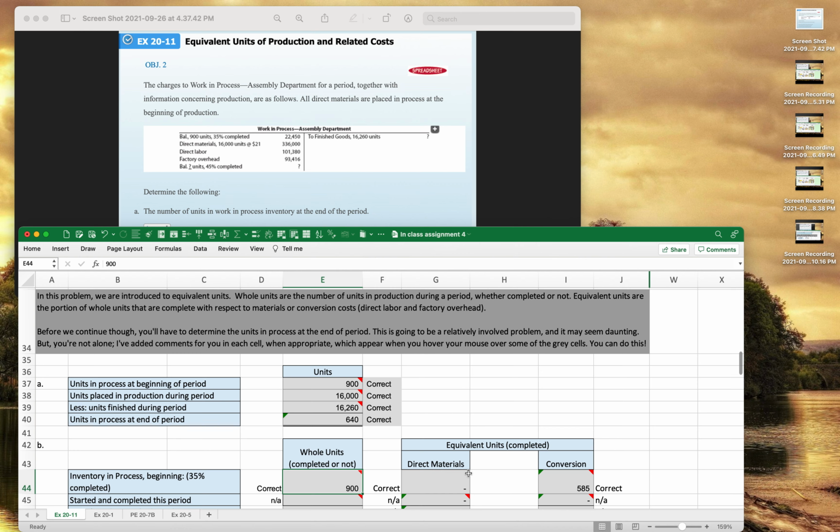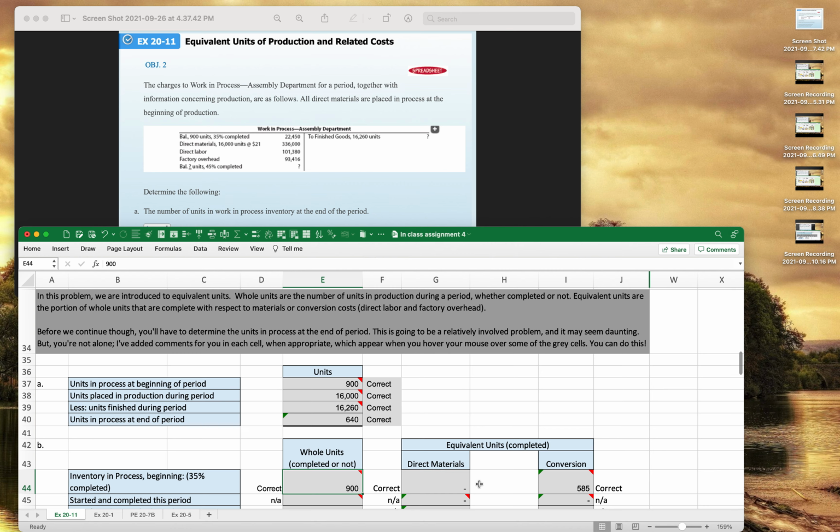In the next column is where we're going to take a look at how much of direct material or conversion costs were applied to those units. Well, 900 units were in process at the beginning of the period. In this period, did we add any direct material to those 900 units?